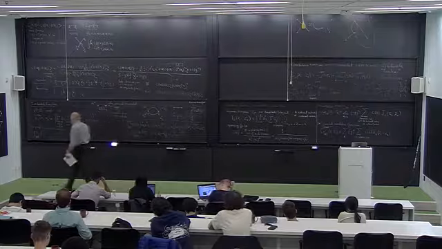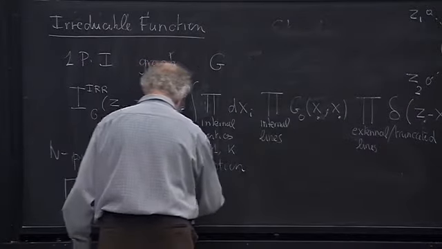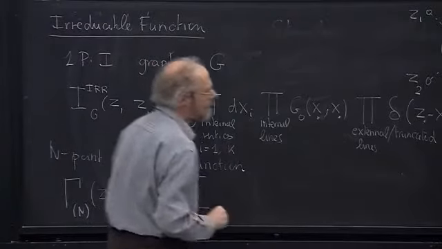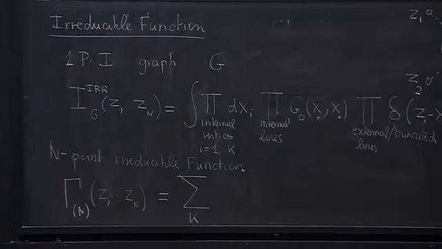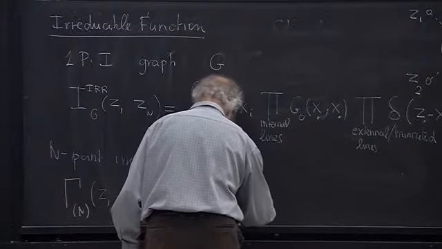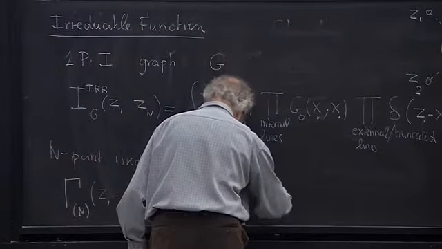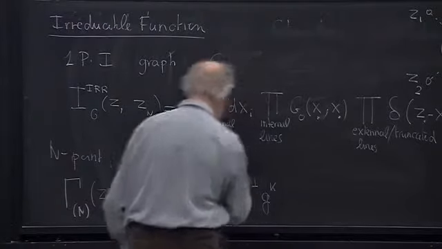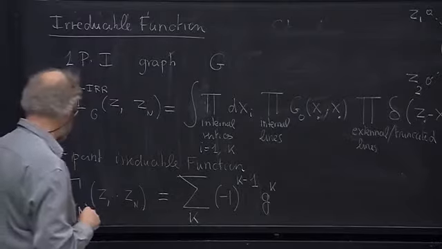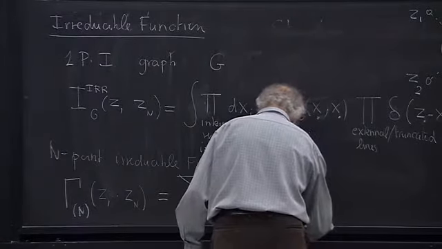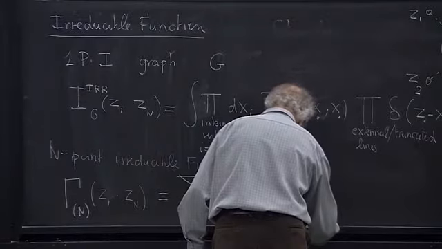It's defined as the sum over k. I'm going to have a factor g to the power k with one subtle definition: I'm going to have minus 1 to the power k minus 1 times g to the power k. This is a technical difficulty. Times the sum over the irreducible diagrams, one particle irreducible graphs.